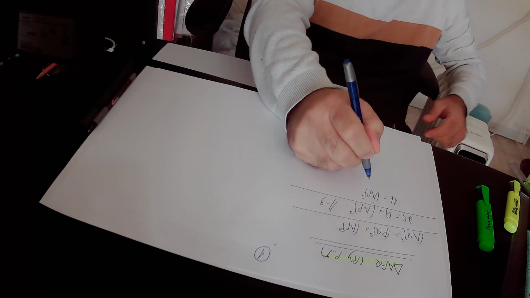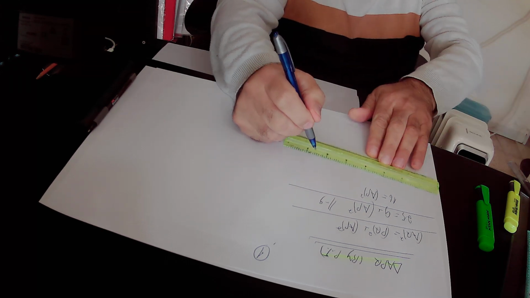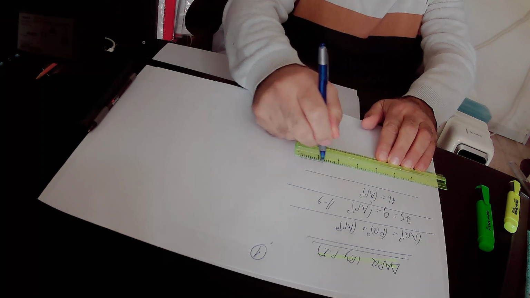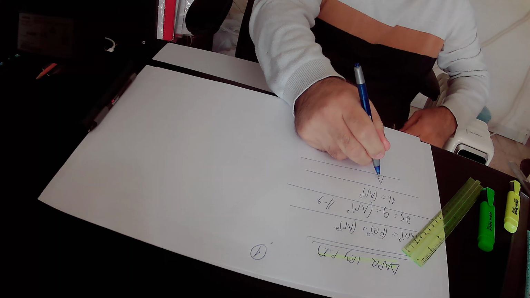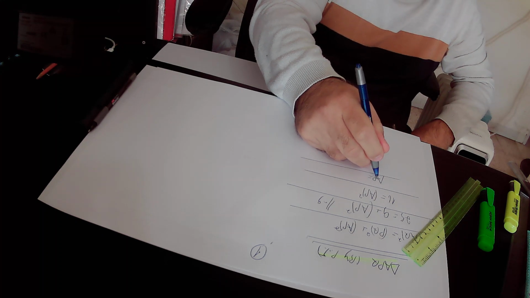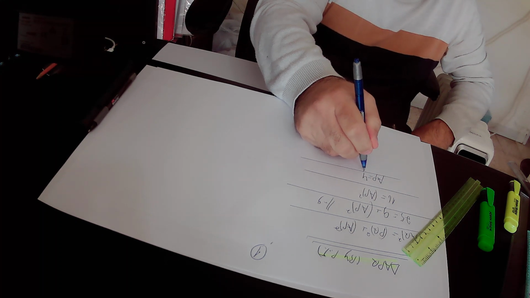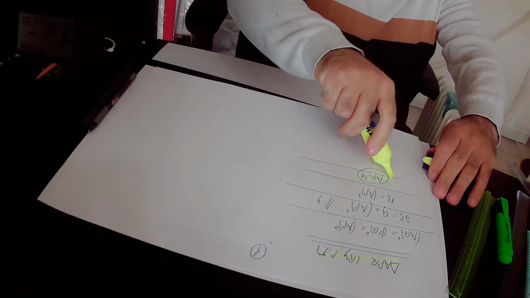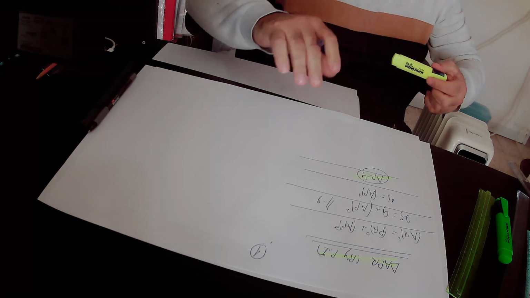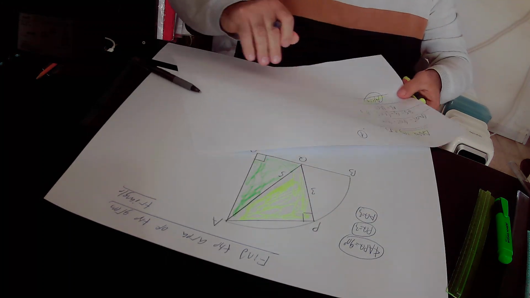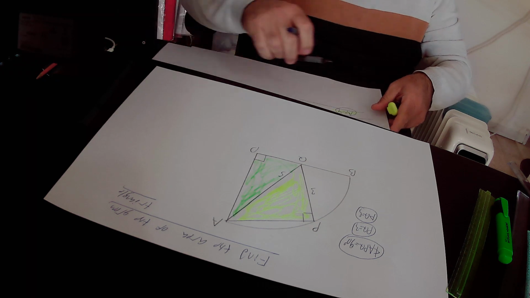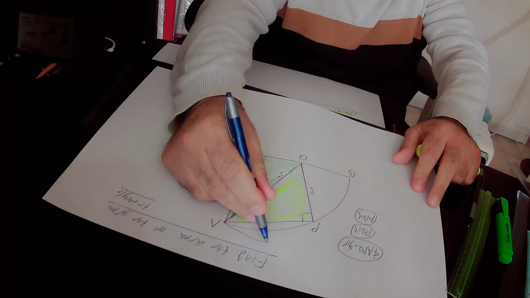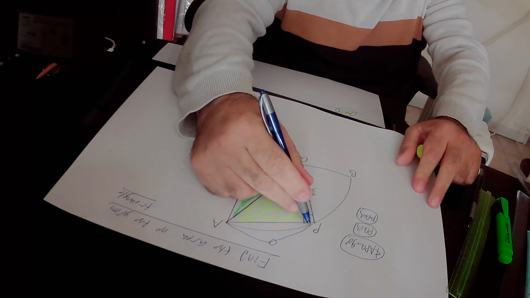We take the square root of this equation, and we get that AP equals the square root of 16, it is 4. AP equals 4 units. So here, side AP equals 4 units in its length.